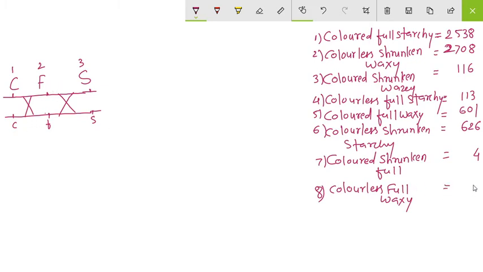And there were 2. Okay. So now we have to calculate the percent crossing over between all these.